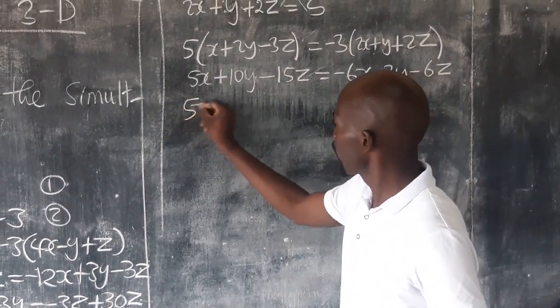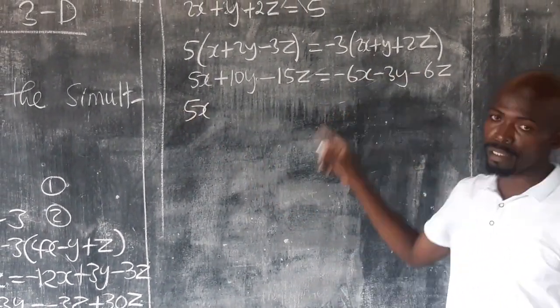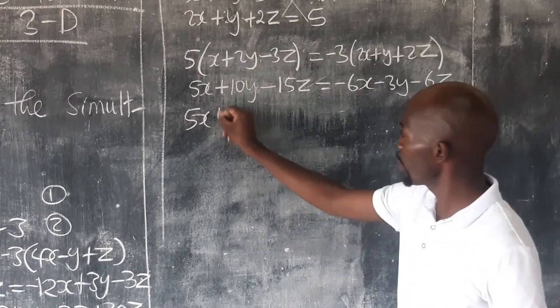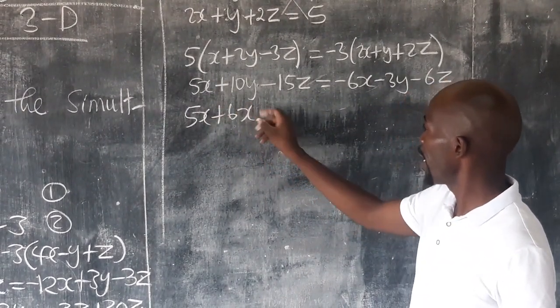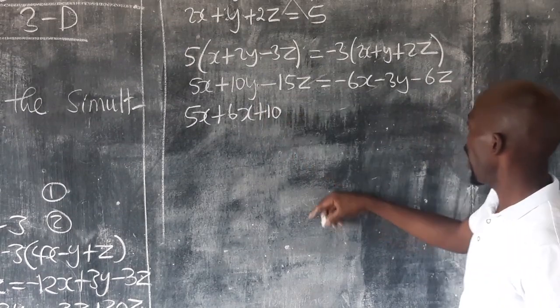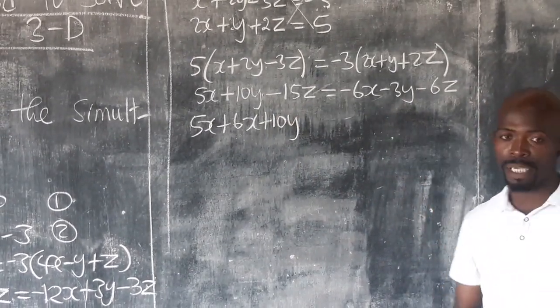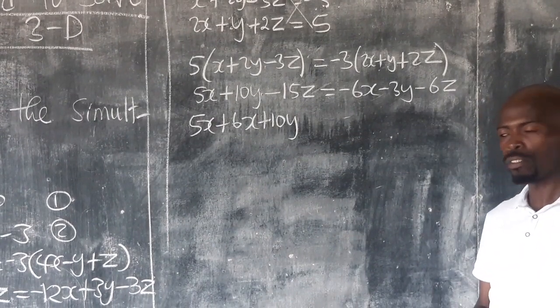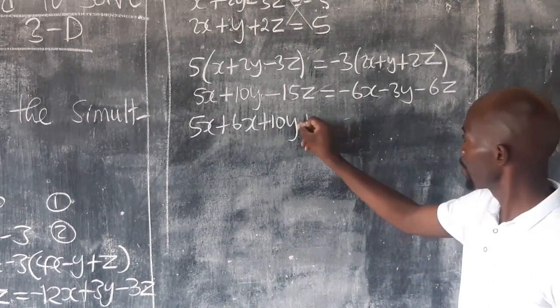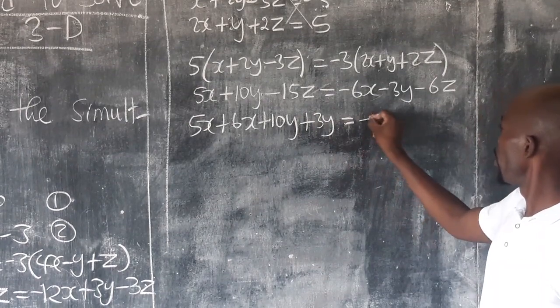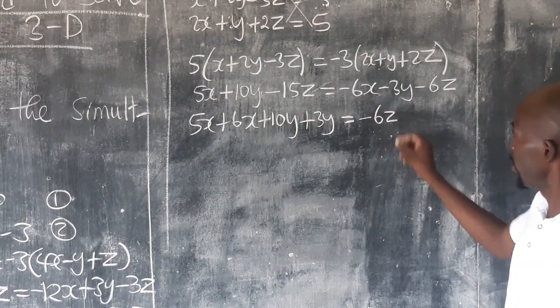So 5x, the additive inverse of negative 6x, that becomes positive 6x. I have positive 10y, and the additive inverse of negative 3y is positive 3y. Then I have negative 6z on the other side.